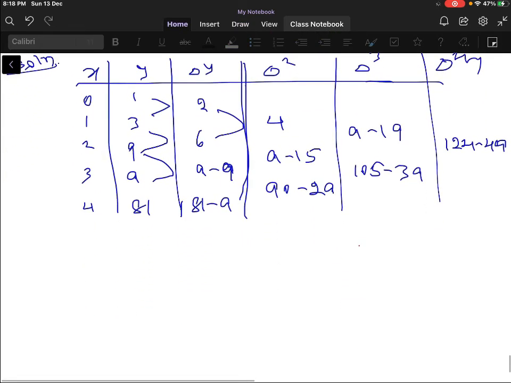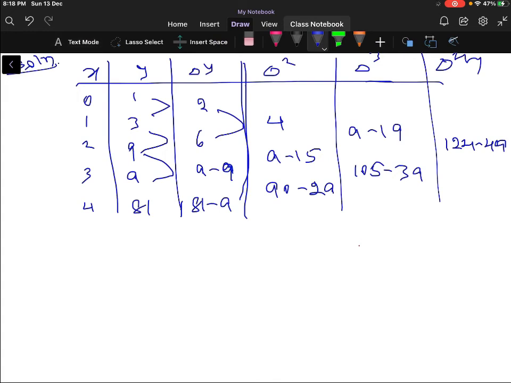As you can observe from the table, 4 values of y are given, 1, 2, 3 and 4. Since 4 points of y are given, we can determine the unique polynomial f of x of degree at most 3.